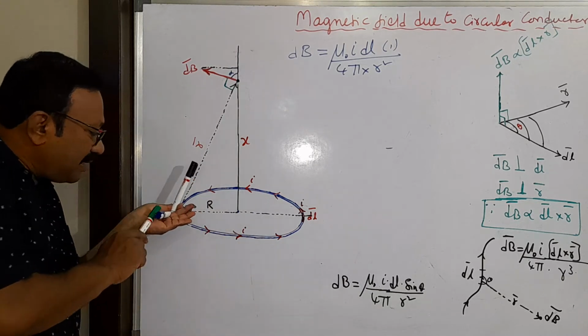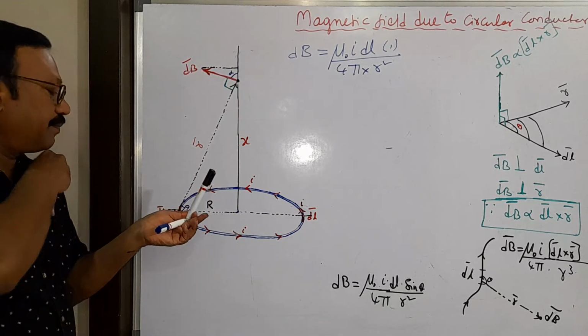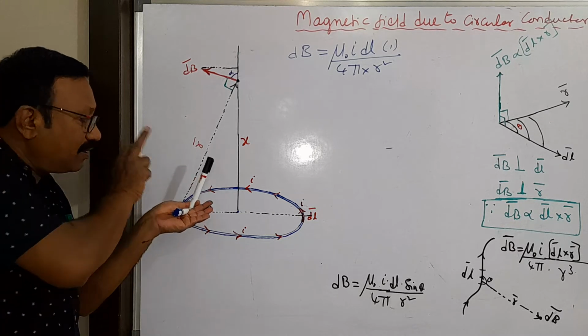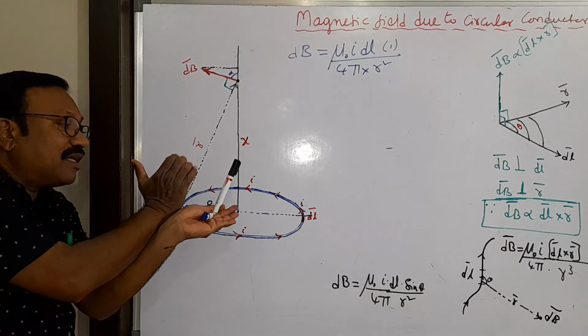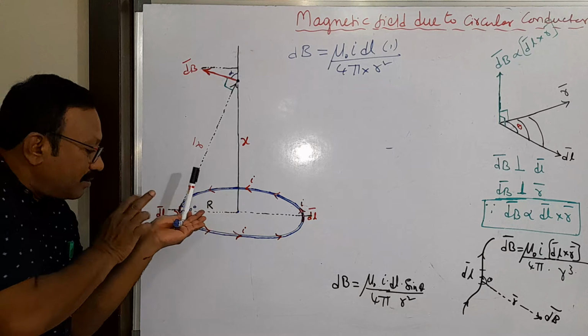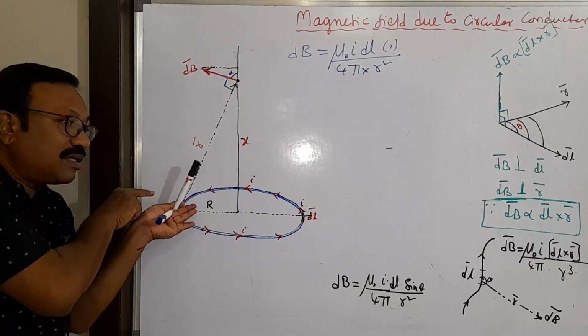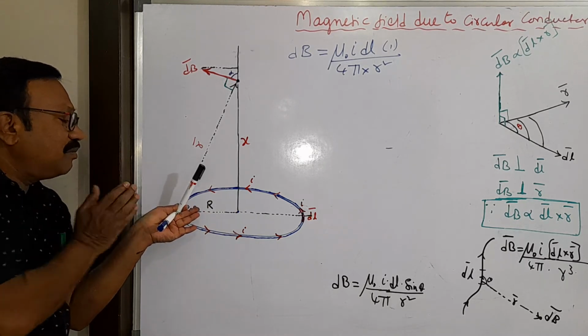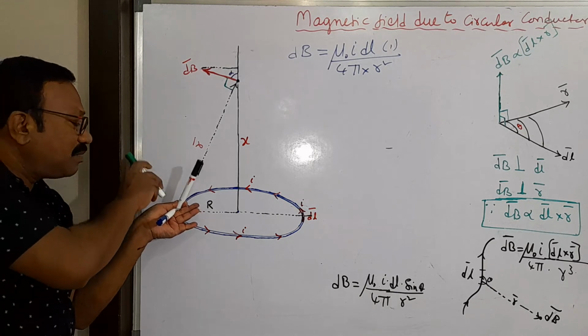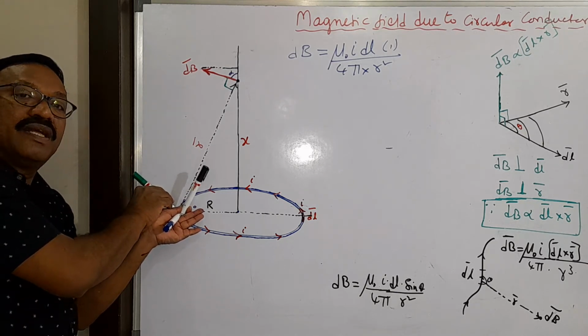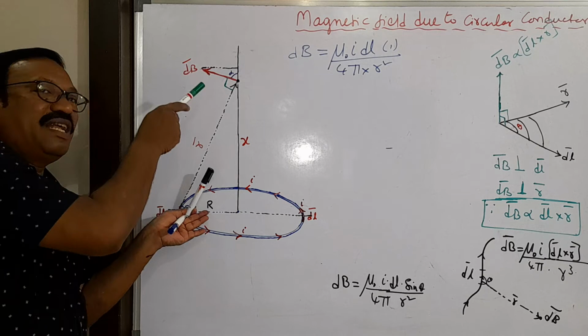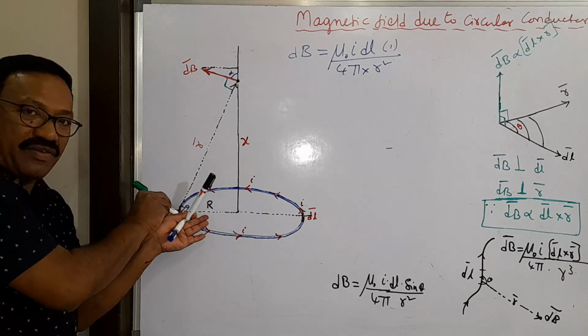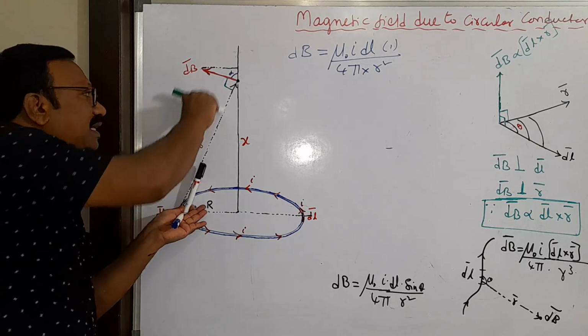This is dL bar, this is r bar. dL bar cross r bar will be like this. But I am not finding the magnetic field here; I am determining only direction here. So this will be the direction of magnetic field.